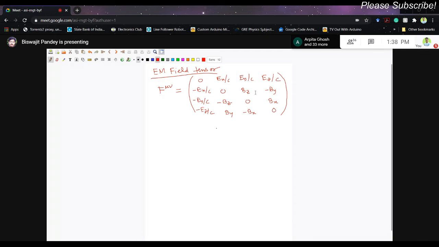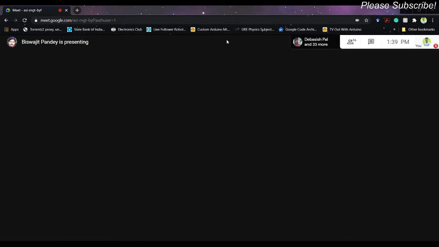But I should also warn you about this tensor, because there is a lot of confusion. If you go to different textbooks, you may see different forms used. There can be another equivalent form of the same tensor, because it is all about a second rank antisymmetric tensor.